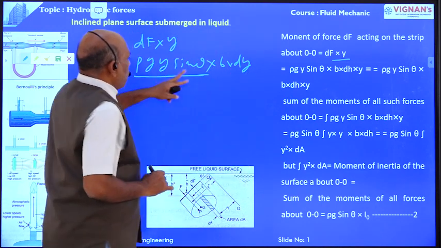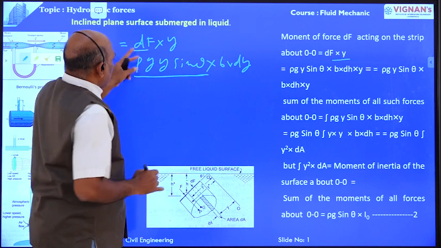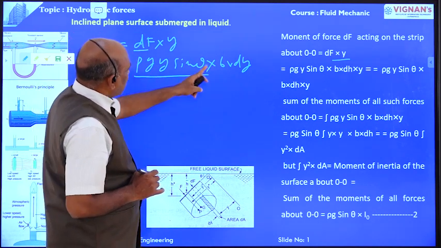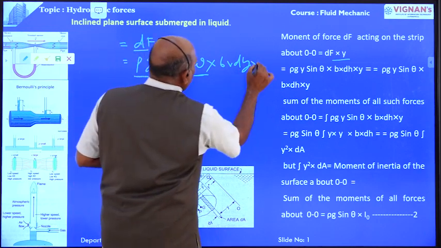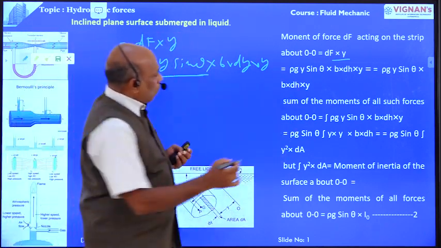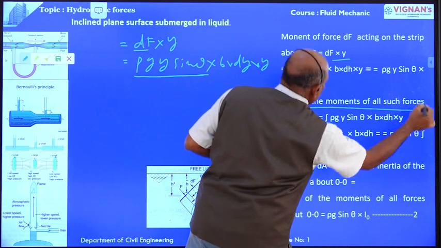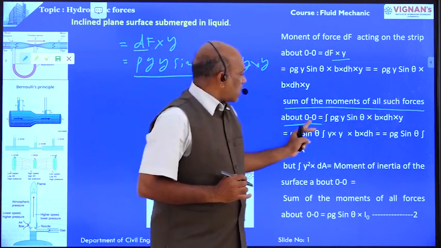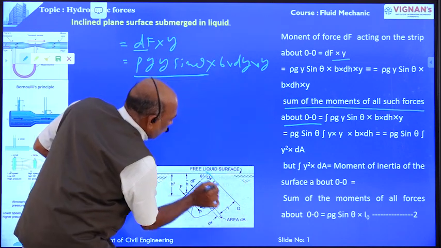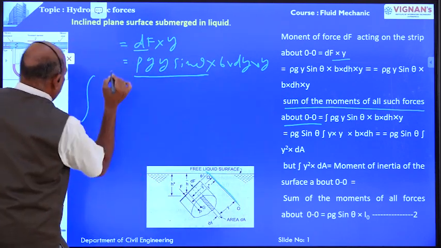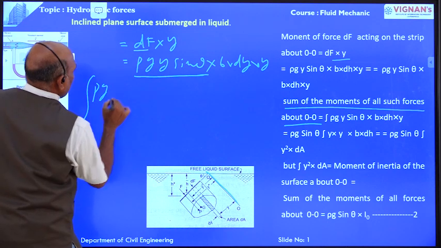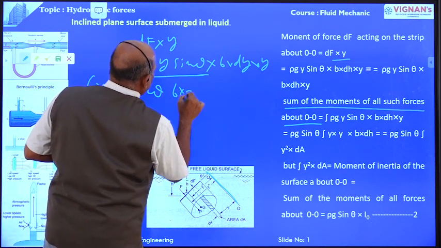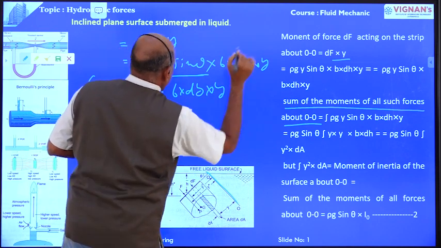So the force on the strip is dF equal to rho g y sin theta into b dy, into y. Now the sum of the moments of all such forces about OO is equal to the integral of rho g y sin theta into b dy into y.